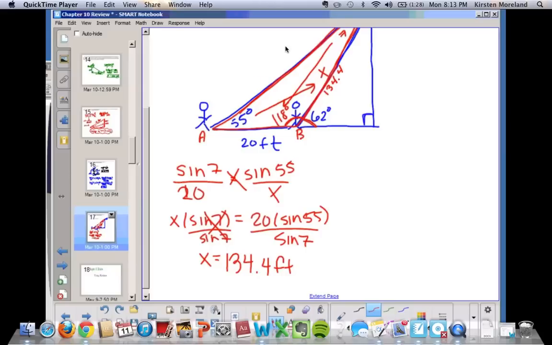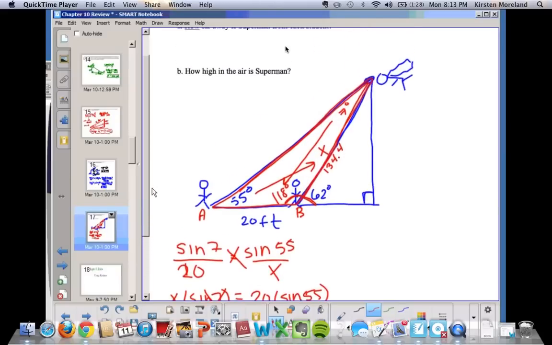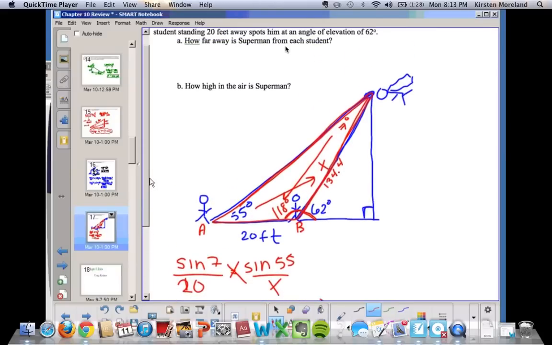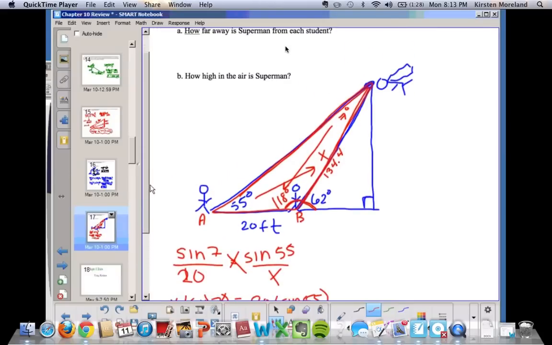And now I'm going to use that hypotenuse there and this triangle that I'm outlining in green. So I'm going to use that 134.4 on that green triangle and find x. It's a right triangle with the opposite side that I'm trying to find.